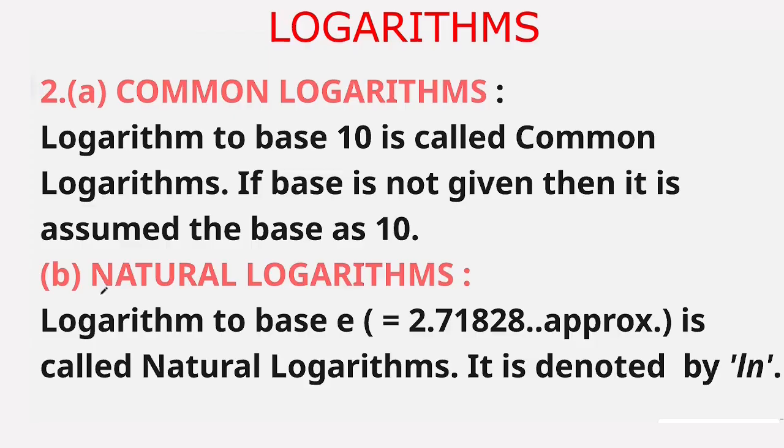And part B, natural logarithms. Logarithm to base e, which is approximately equal to 2.71828, is called natural logarithm. It is denoted by ln. Here it is ln, not in.